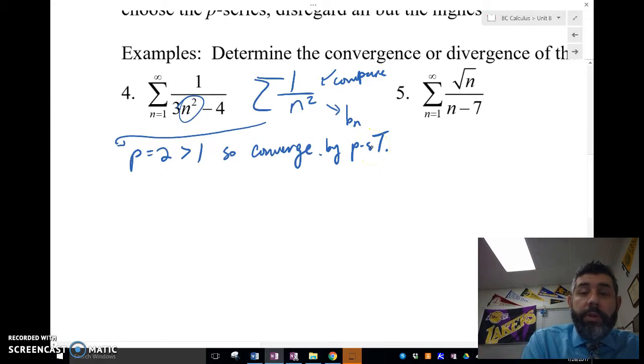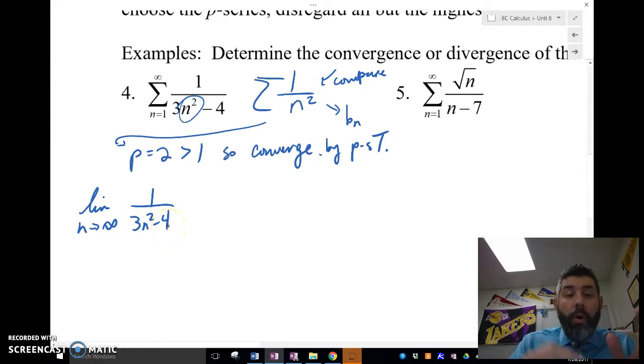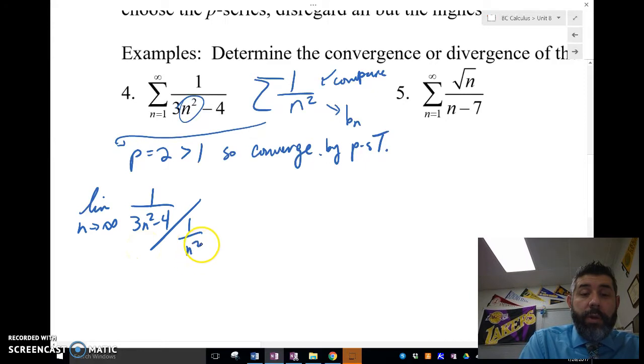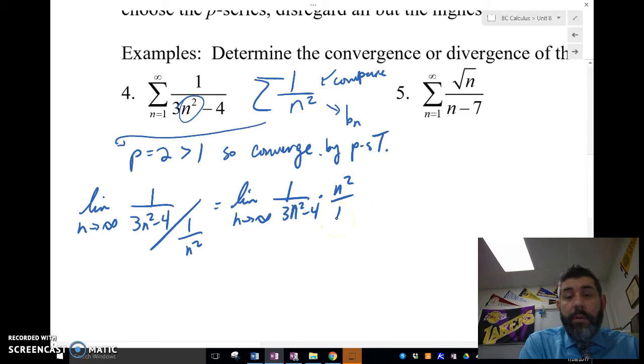So we're going to use the limit comparison test. We take the limit as n approaches infinity of a sub n, 1 over 3n squared minus 4, over b sub n, 1 over n squared. I'm going to rewrite that as the limit as n approaches infinity of 1 over 3n squared minus 4 times n squared over 1, and then find the limit.